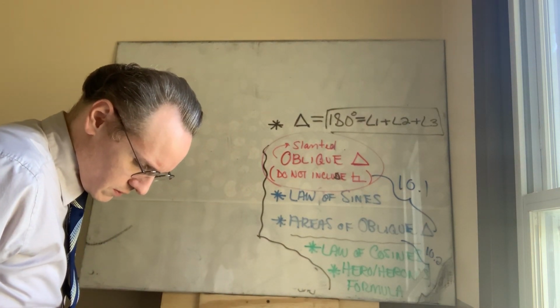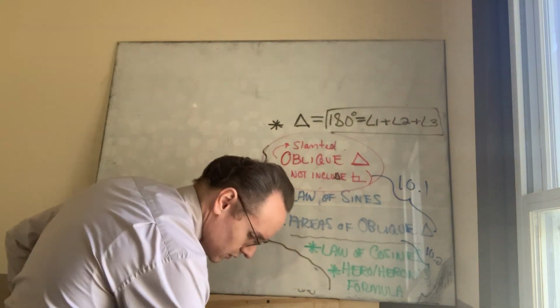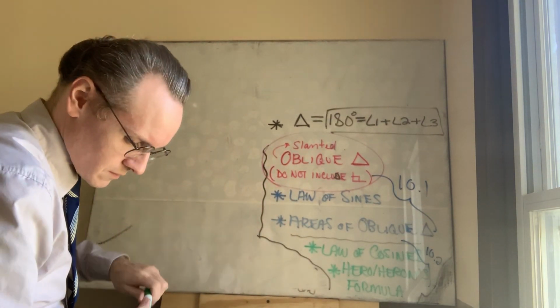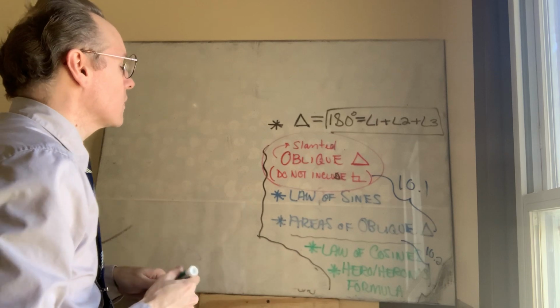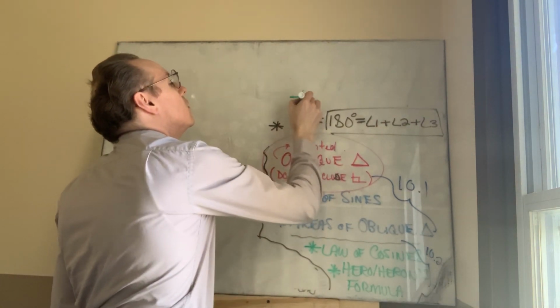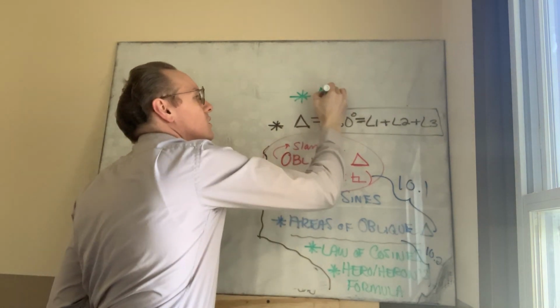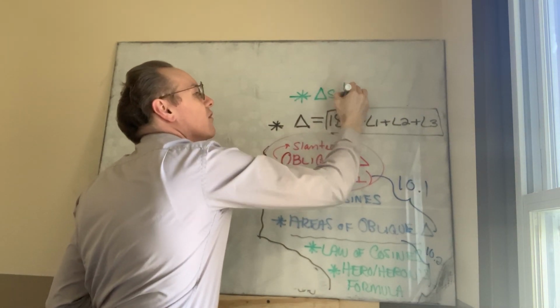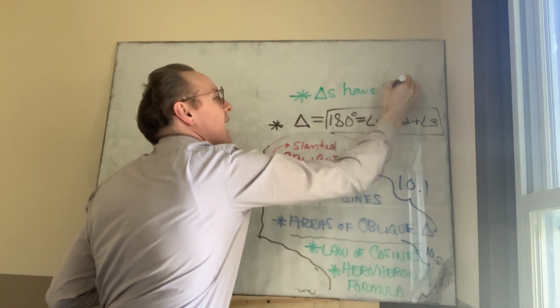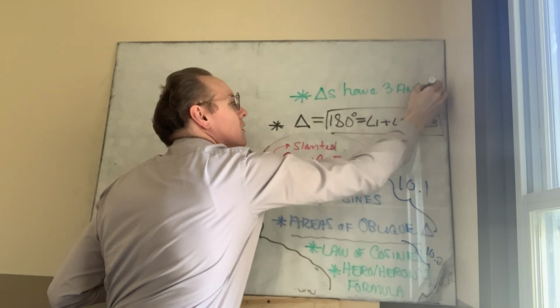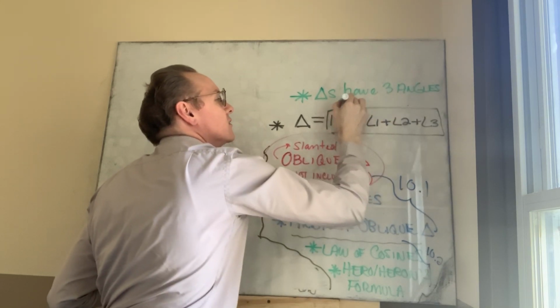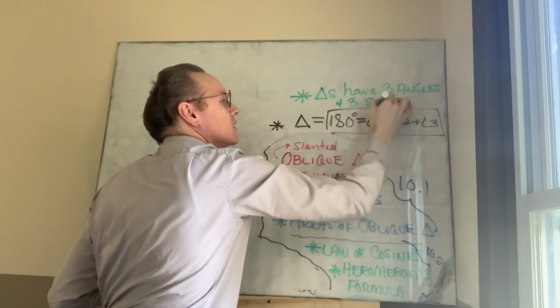Let's see. Here's another fun fact. Triangles, of course, have 3 angles and 3 sides.